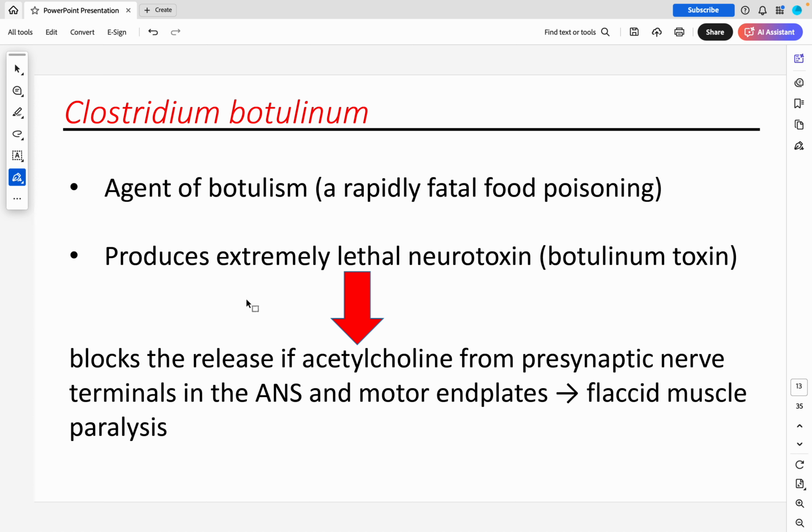It produces an extremely lethal neurotoxin, the botulinum toxin, with the mechanism of action where it blocks the release of acetylcholine from presynaptic nerve terminals in the ANS and motor end plates, preventing proper muscle contraction. So it causes muscle paralysis.